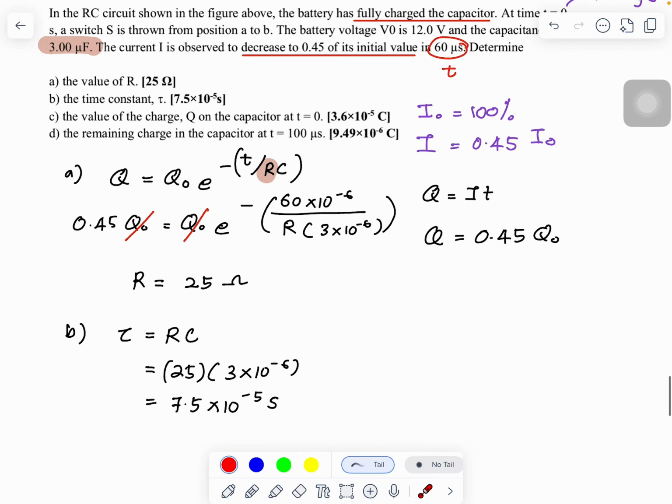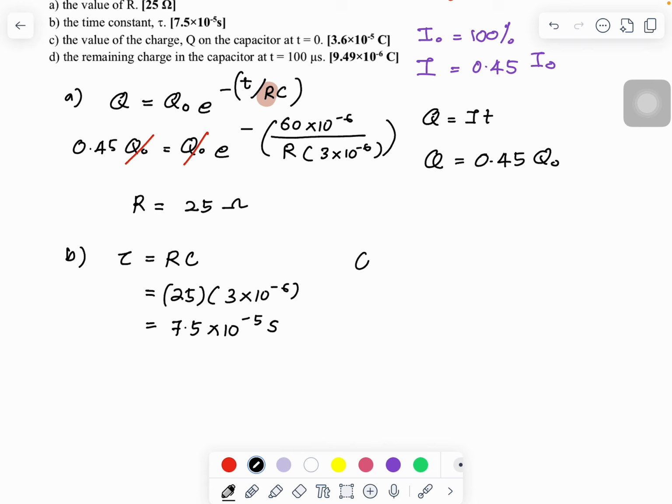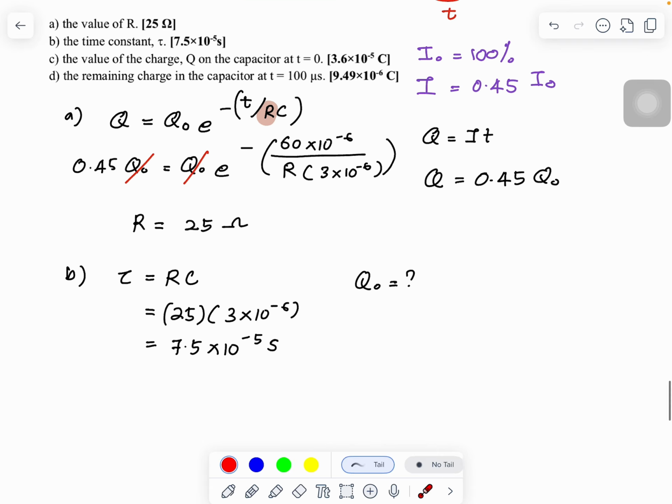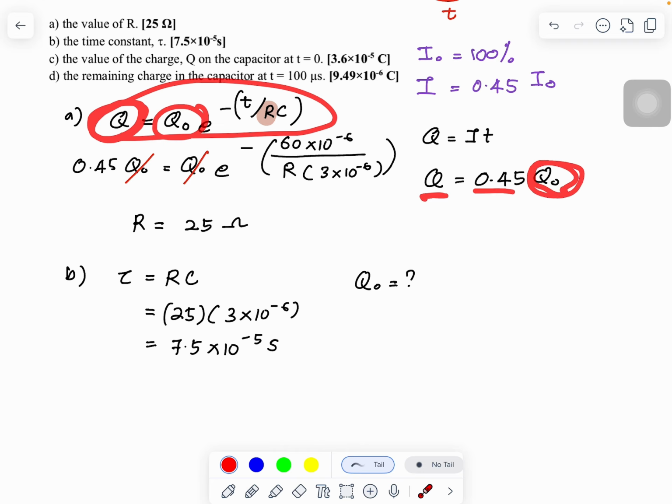Okay, next one, the value of charge Q on the capacitor at 0 second. At 0 ni maksudnya initial lah. The initial value for Q naught. If we are using this formula again, kita mau kira Q naught. Q kita boleh kira sebab kita tahu Q adalah 0.4 Q naught.